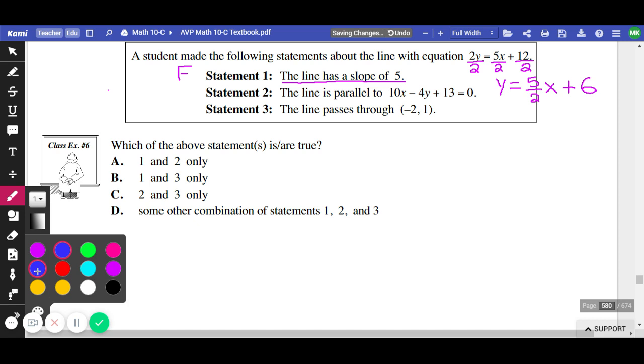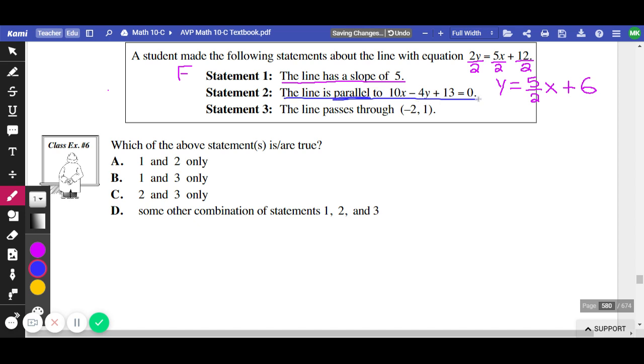Statement 2. The line is parallel. Parallel means same slope. So the line is parallel to this thing. I don't know the slope of that thing. I need to get that into slope intercept form to even be able to compare it. So I'm going to add 4y to both sides. That gives me 10x plus 13 equals 4y.